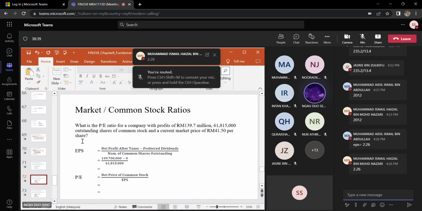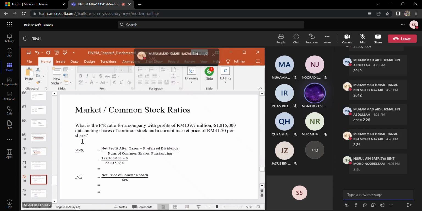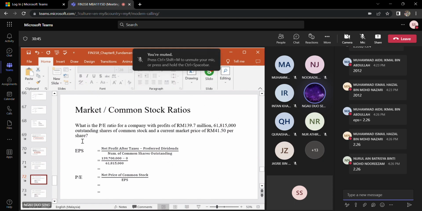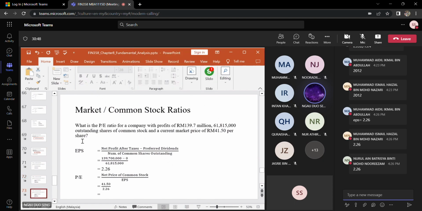Alright, so we check. We have 2.26, right? Then we calculate the PE ratio, right? Net price 41.5 divided by 2.26. So what do you get?